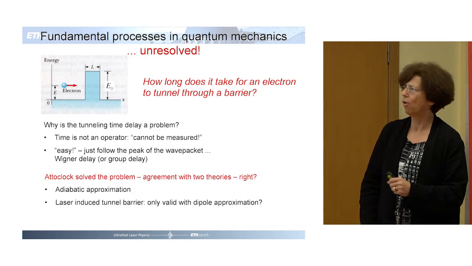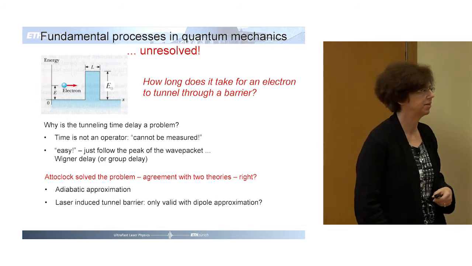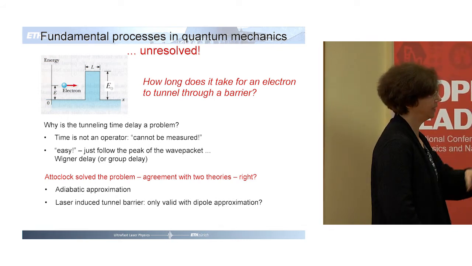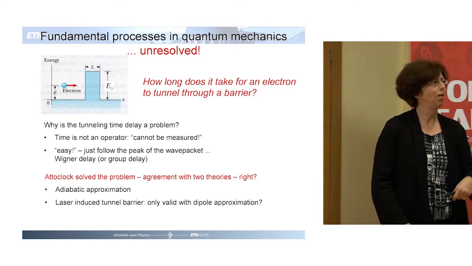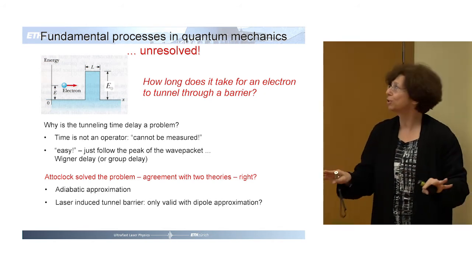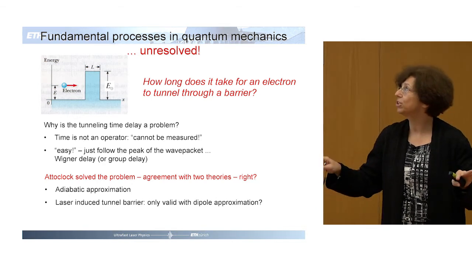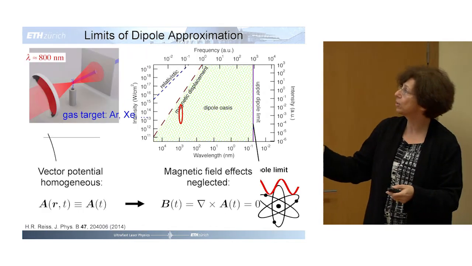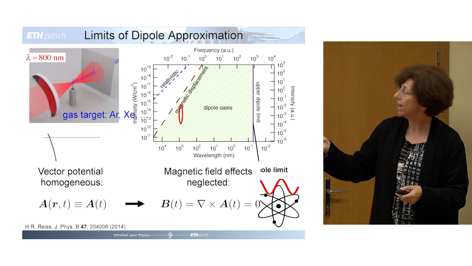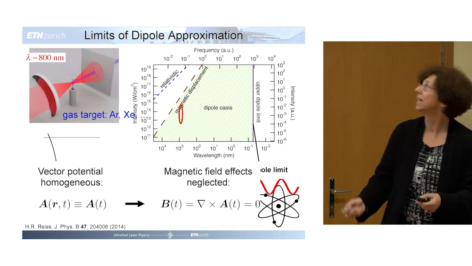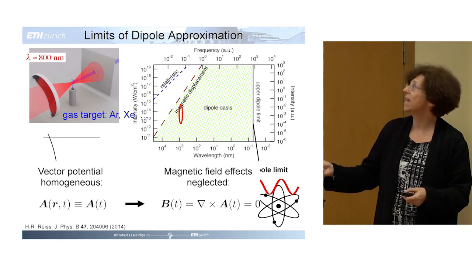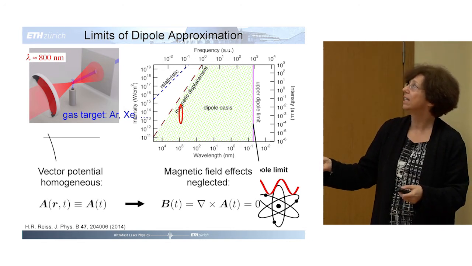Then people say, oh, laser-induced tunnel barrier. That only works in the dipole approximation. Okay? So what is the dipole approximation? We all learn in school that when the wavelength of the electromagnetic wave becomes comparable to the target of investigation, we have to take into account the spatial dependence of the vector potential.